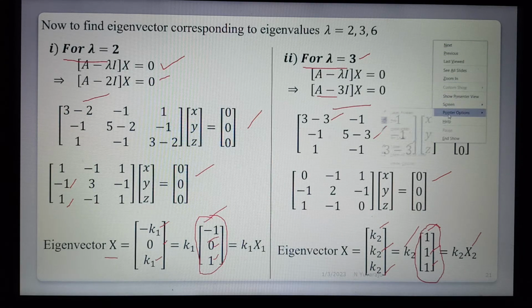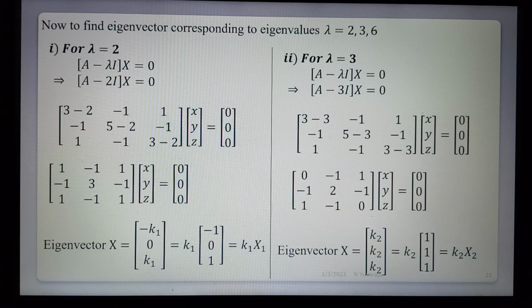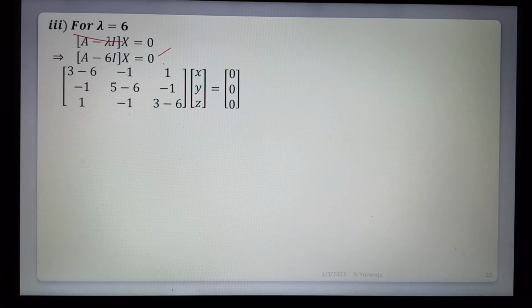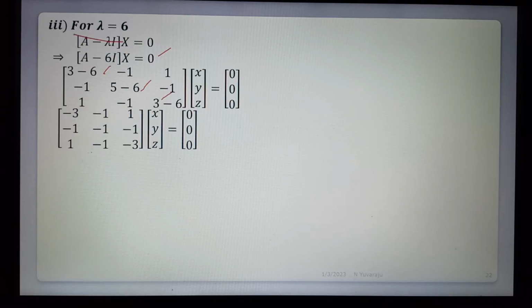Similarly, we have to find it for the eigenvalue lambda is equal to 6. That is the third eigenvalue, lambda is equal to 6. Same, A minus lambda I into x is equal to 0, so A minus 6I into x is equal to 0. In matrix A, subtract 6 from the diagonal elements, and simplify. Next, this element 0, this element 0, by using row echelon form.